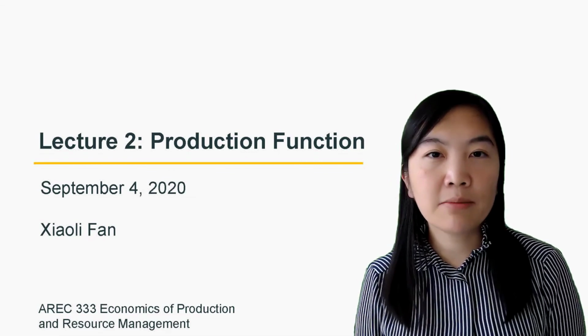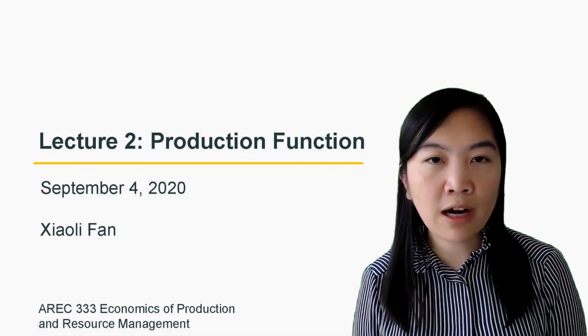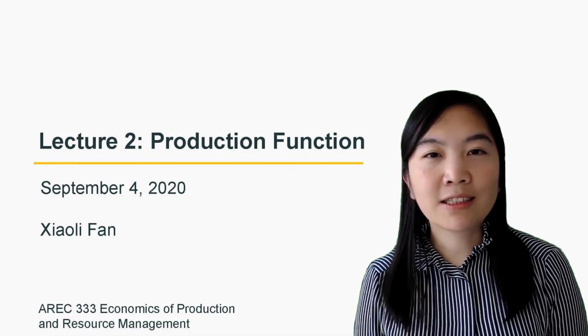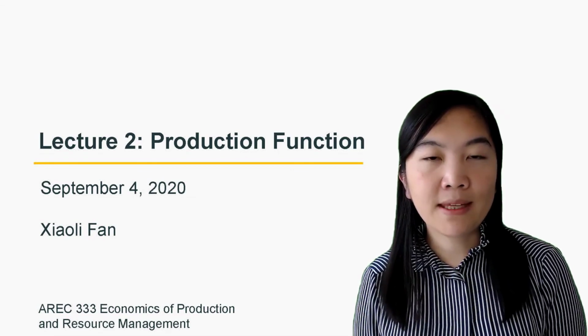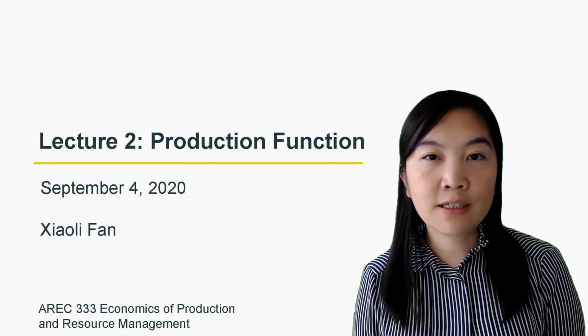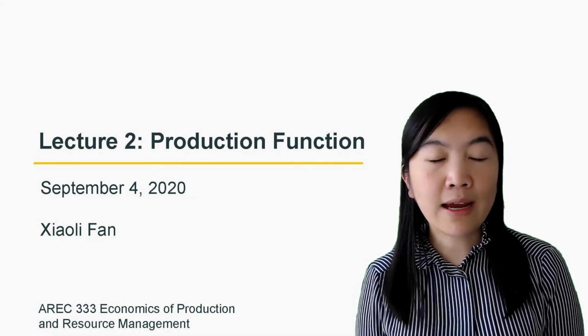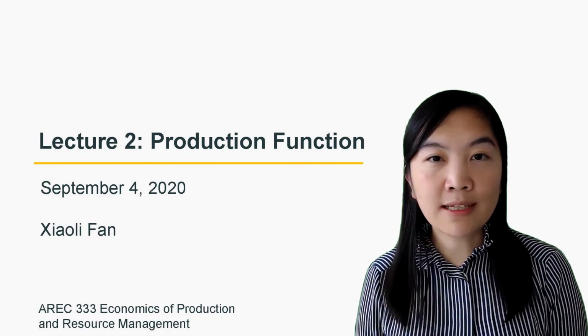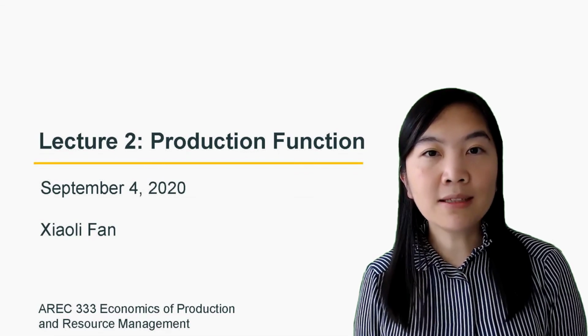You can use a table, you can use a graph, or you can use the algebraic function. And we also covered the APP and TPP of the production function, which are the technical aspects of the production function. So nothing here is economic yet.